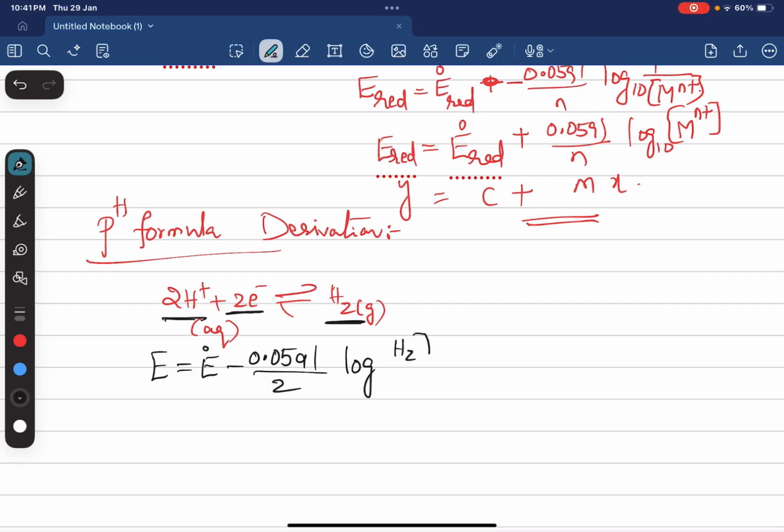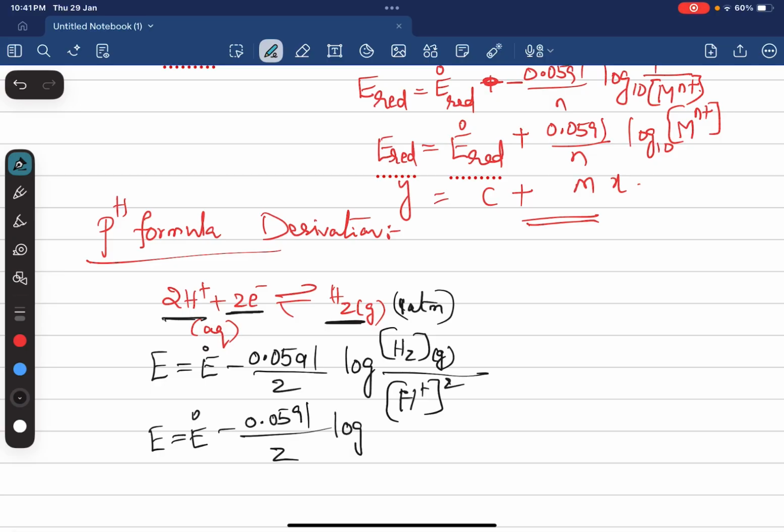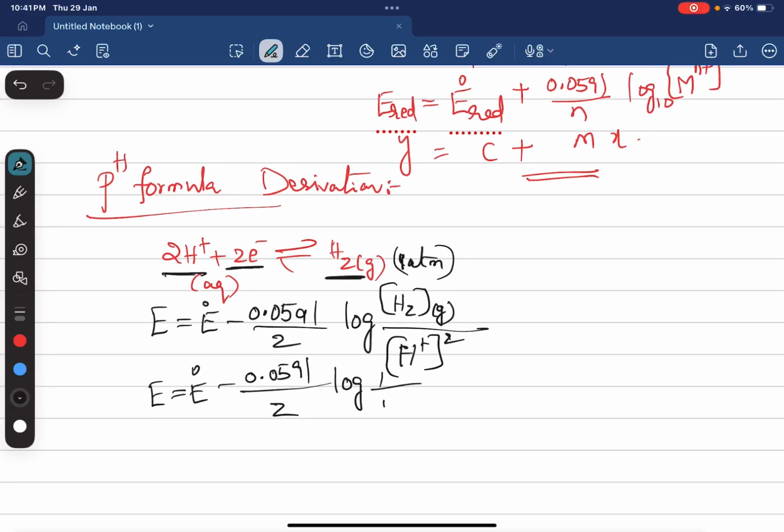So H2 gas, because concentration of a gas is represented with pressure. So H plus ion whole power 2. Now the pressure of H2 gas is generally 1 atm. So we'll take 1 atm for this. E equals E naught minus 0.0591 by 2 log 1 by H plus whole power 2. Correct?